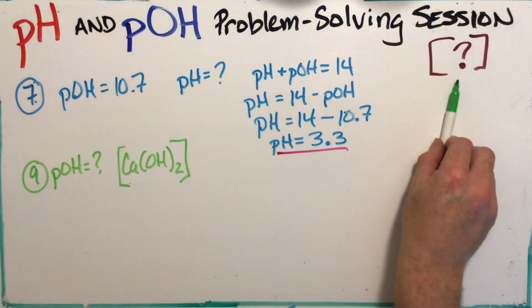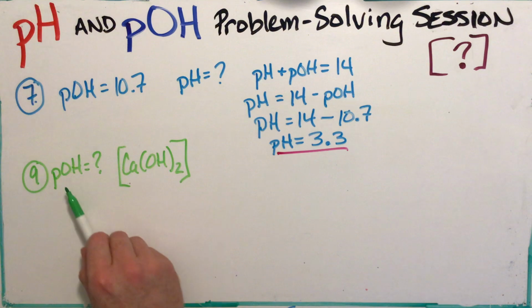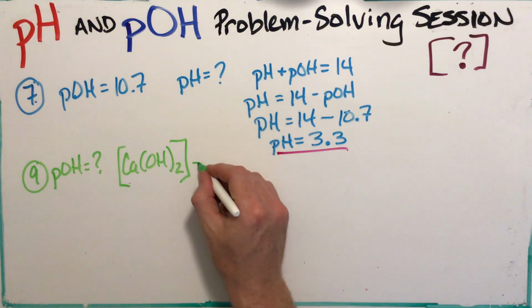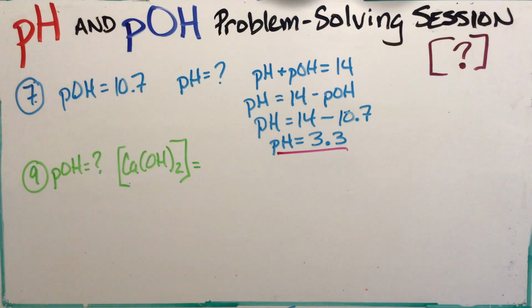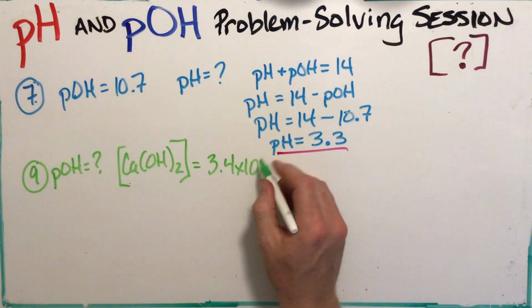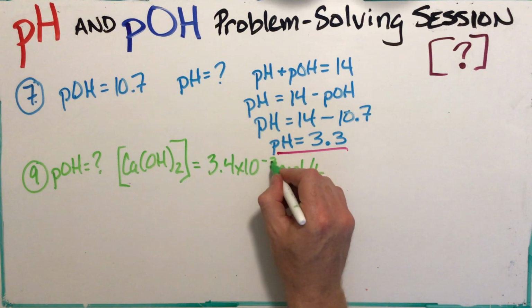Remember I said concentration, you've got to be careful of the wording of what they give you. They didn't give me hydroxide, so I can't pump it into here right away. All right? So the concentration of this is 3.4 times 10 to the negative 3 moles per liter.